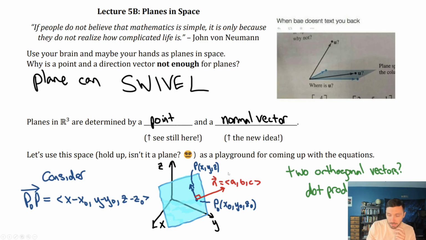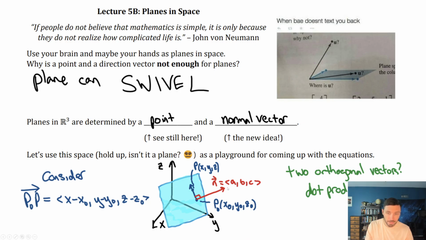All right, and then I do some drawing stuff down here. This is just my way of using the space as a playground for coming up with the equations, okay. So consider that here's my point. It's x naught, y naught, z naught. And then I have my direction vector in blue. So x comma y comma z would be just another point on the plane.